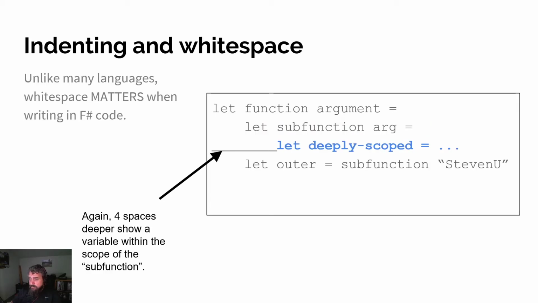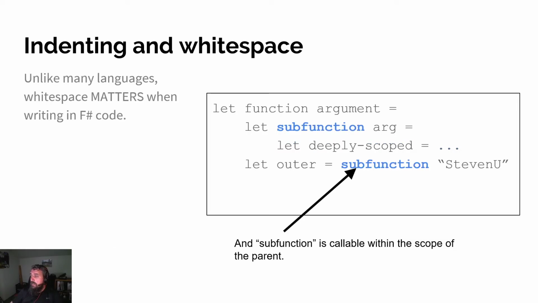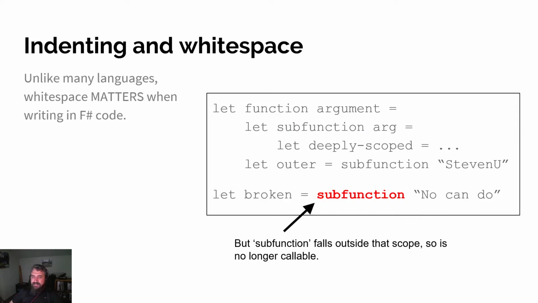You can even go double depth here. For example, your deeply scoped variable here is in the scope of the subfunction object there, and not necessarily of the function argument, right? And you can call that subfunction within that scope, but you can't call it outside of it.